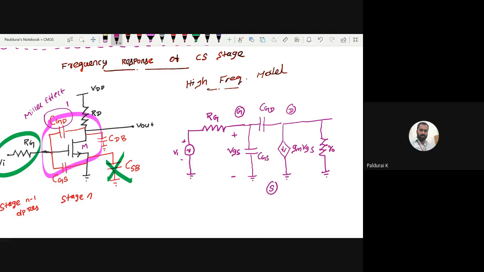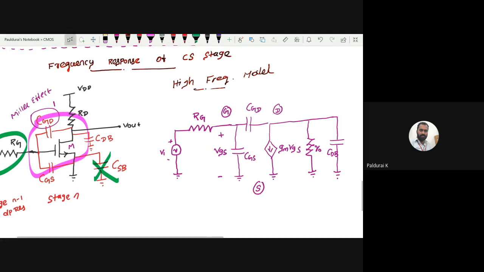Then drain to bulk, bulk is actually connected to ground. This is my CDB. Here we are measuring the output. What happened to CSB? Since the source is connected to ground, we removed the CSB, so no need to include it. So this is the high frequency model.